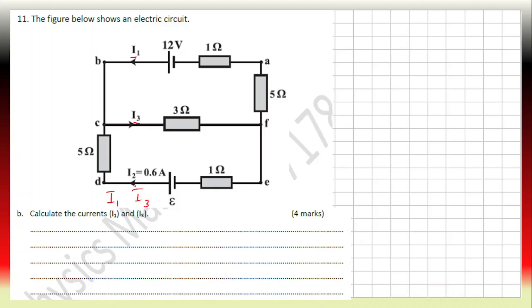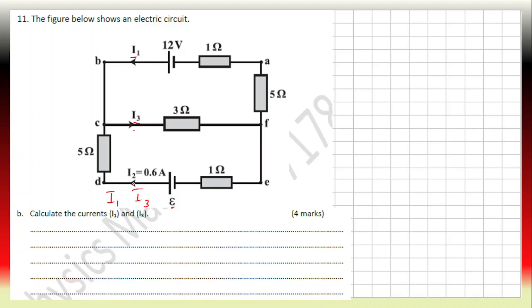Why am I doing this? Because if I use even this first loop, I will still have two unknowns. If I use the lower loop, I still have two unknowns. So there is no way we can get one of them using one equation. So one equation will come from Kirchhoff's first law.